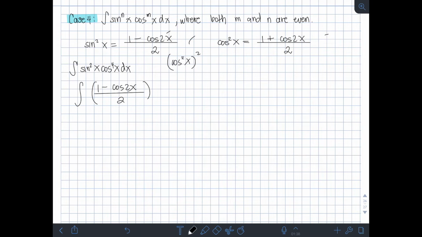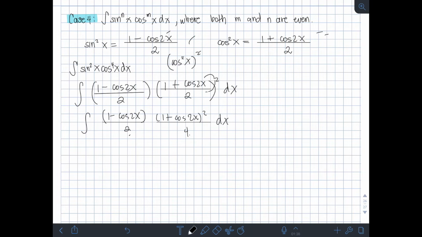So, therefore, yung cos squared x equal naman dito sa 1 plus cos 2x over 2 and then may square pa, dx. So, simplify muna natin. We have 1 minus cos 2x over 2 times 1 plus cos 2x squared over 2 squared, distribute yung exponent or 4 na to. Right?